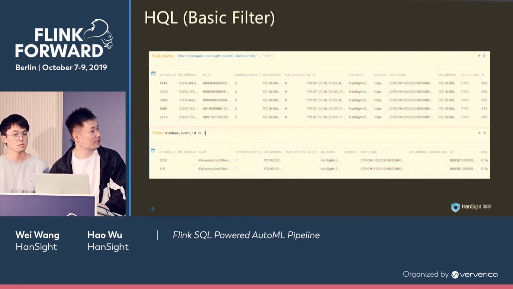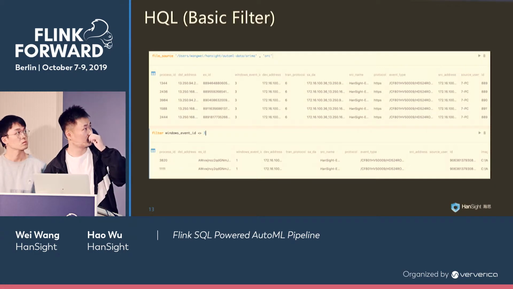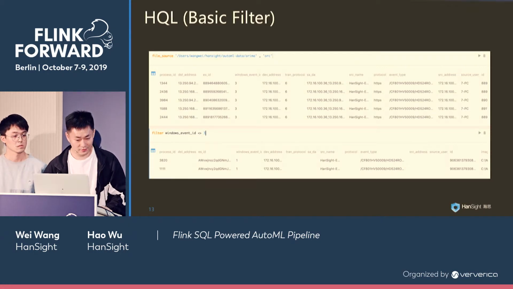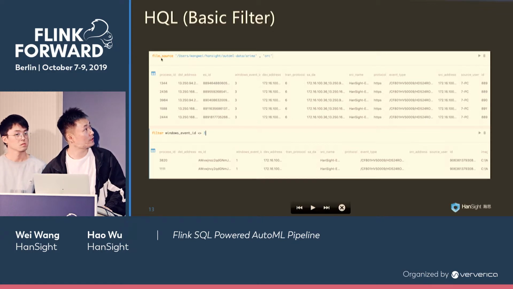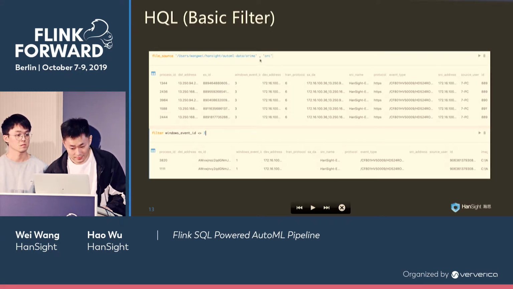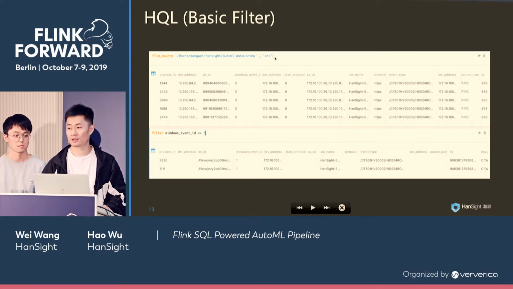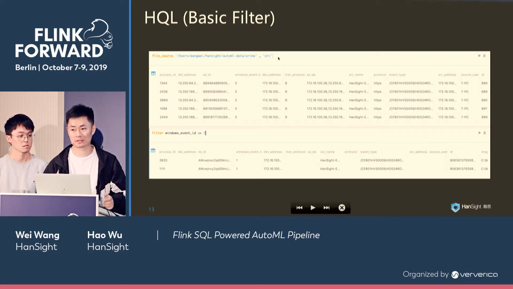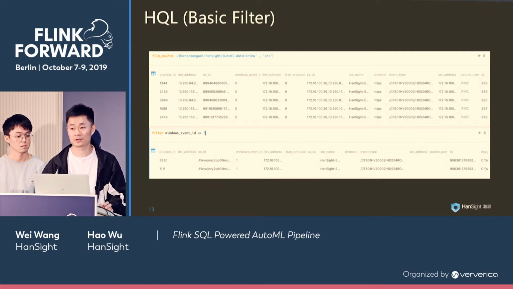Here is a snapshot of the interface of HQL. For the basic filters here, this file-source means that we are reading files from this file, and then we specify the type, it's ORC. The reason we are using ORC is that Flink is supporting ORC natively. We also support JSON and Parquet files. But in my opinion, Parquet files may be a better choice because it has a higher compression rate.